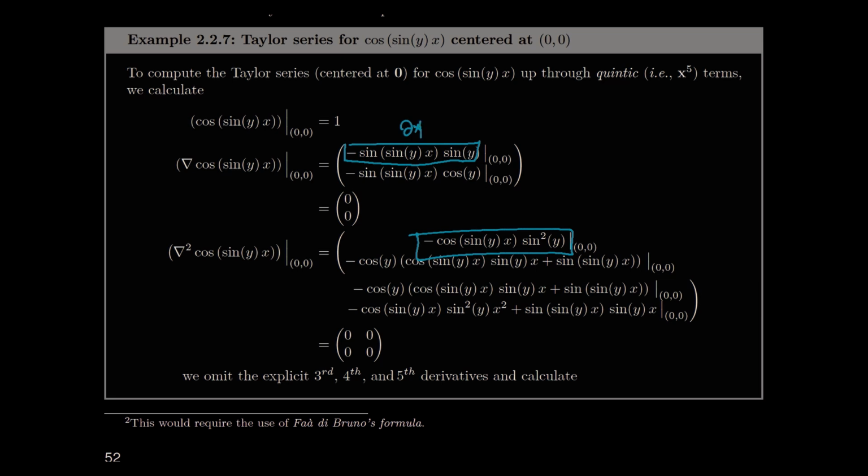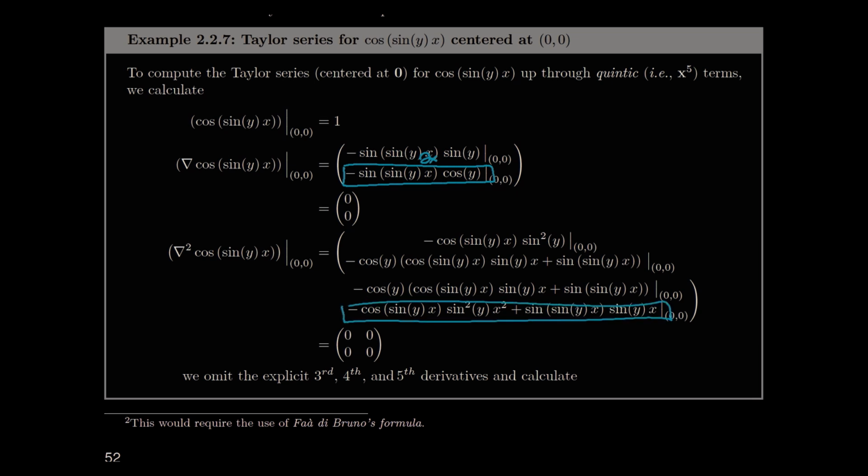If I compute partial y here instead, I will have a product rule. That's why there's a plus sign there, and I get the following. If I compute a partial x of this term, I get, once again, a chain rule in the first case. If I compute partial y of the second term, then I get a product rule. Okay, so I compute all of those using the chain and product rule, and they once again need to be evaluated at the center.